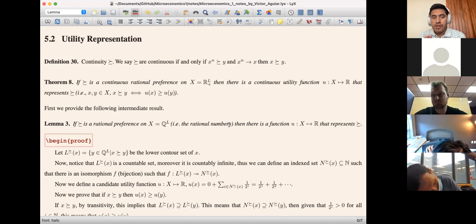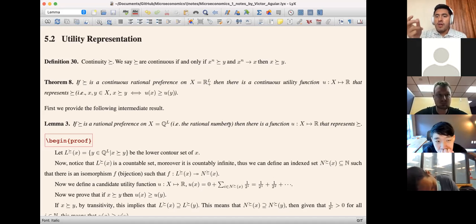So the rational numbers are countable, and why is this going to be important? Because we're going to use the countability of this set to make a constructive proof of the existence of utility functions. So in this subset of the full Euclidean space, I'm going to prove that there exists a utility function that represents the preference.